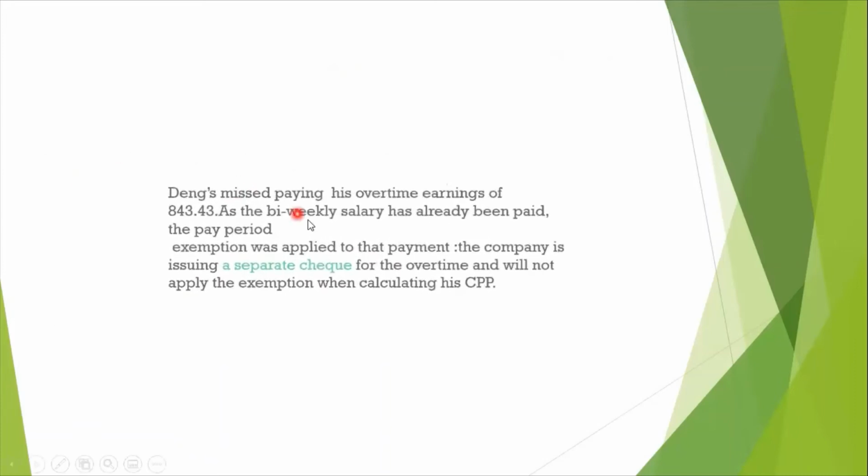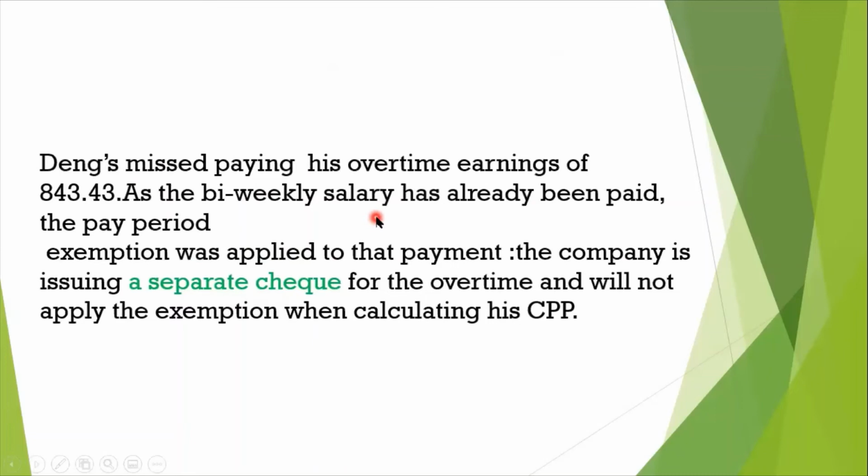If you miss this concept of not subtracting the exemption, you will get a wrong answer. So here we will look at the example of Deng Smith being paid his overtime earnings of 843.43. As the biweekly salary has already been paid, the pay period exemption was applied to that payment. So the company is issuing a separate paycheck for the overtime and will not apply the exemption when calculating the CPP.